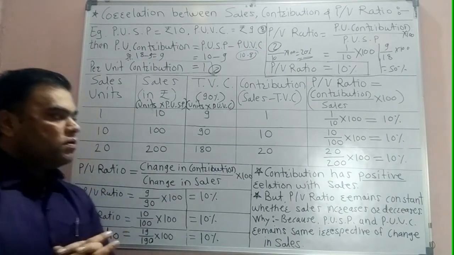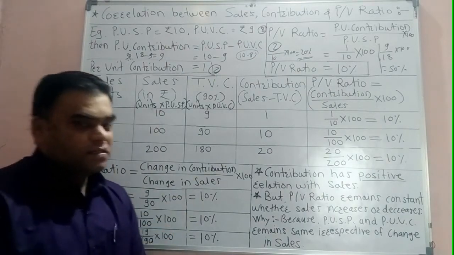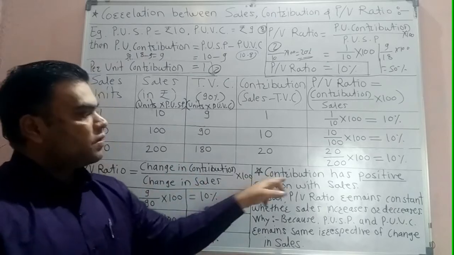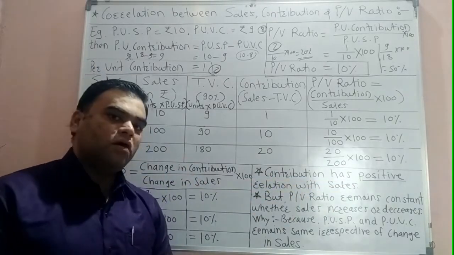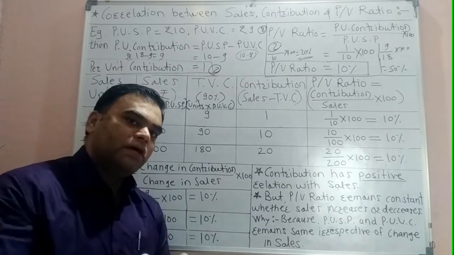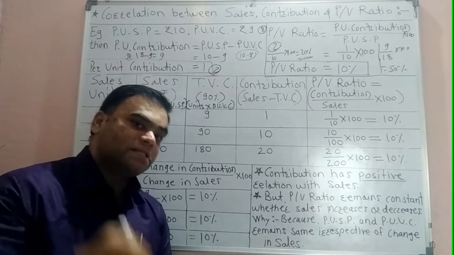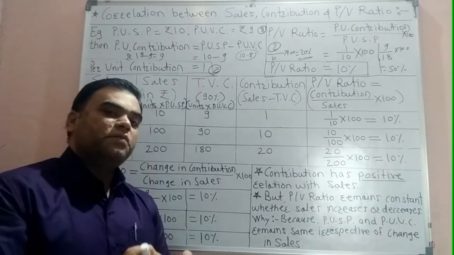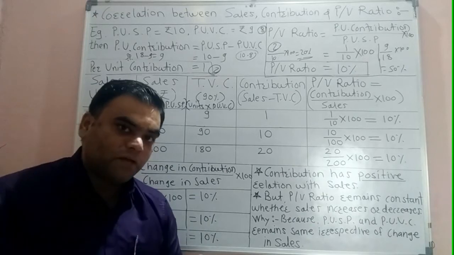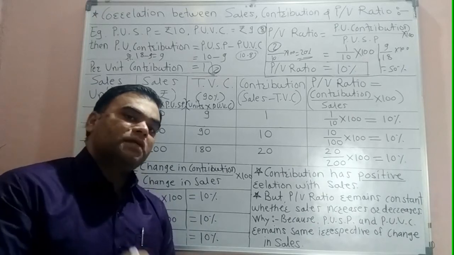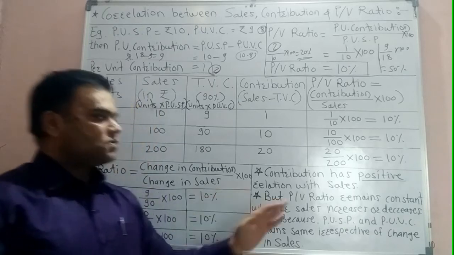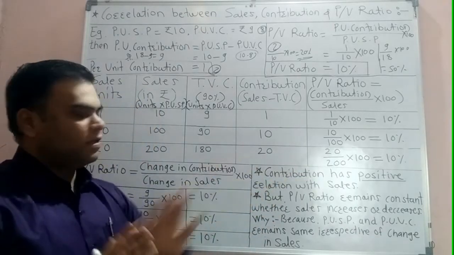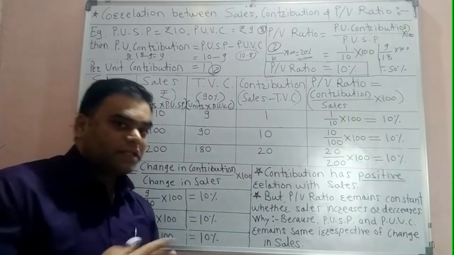Now, up to this stage, what have we discussed? We have discussed that contribution has a positive relation with sales. Means if sales is increased by 10%, contribution will also increase by the same 10%. If your sales is decreased by 10%, your contribution will also decrease by the same percentage, that is by 10%. That is called contribution has a positive relation with sales. What second thing did we discuss?